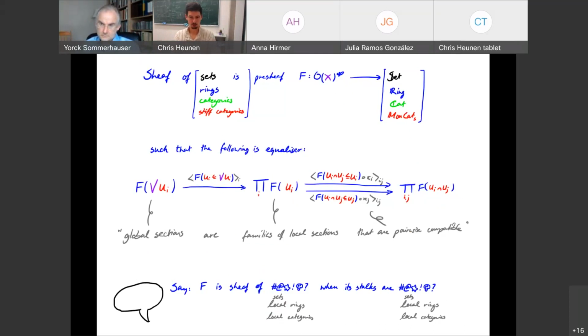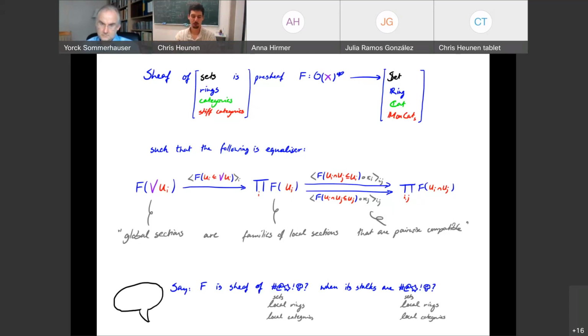I haven't computed what actual elements of these things are because they're no longer sets, they don't have elements. So the thing on the left is the value of the sheaf F at the join of a bunch of opens U_i. So we can think of those as the global sections, if you like. I want that to be an equalizer of the two parallel morphisms on the right.